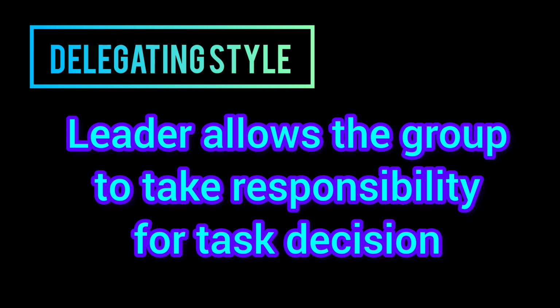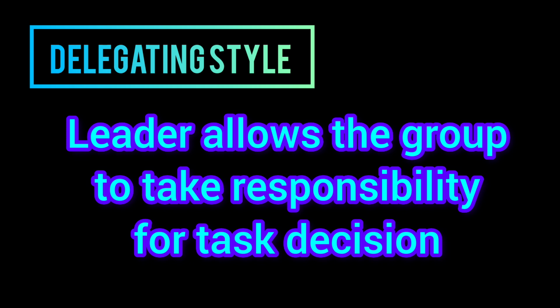Leaders pass most of the responsibility onto the group, and the leaders still monitor progress, but they are less involved in decisions. Both the leader and the followers are willing and able to take responsibility. Both are willing to do the work, and both are able to take some responsibility for directing their own behavior.